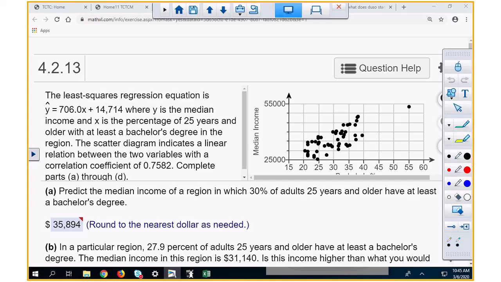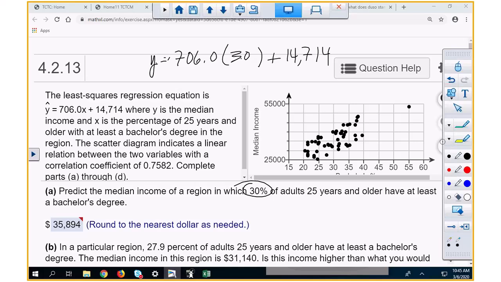So y is equal to 706.0 x plus 14,714, and you plug in 30. Somebody crank that out, and that'll be that first answer. So 706 times 30 plus 14,714.